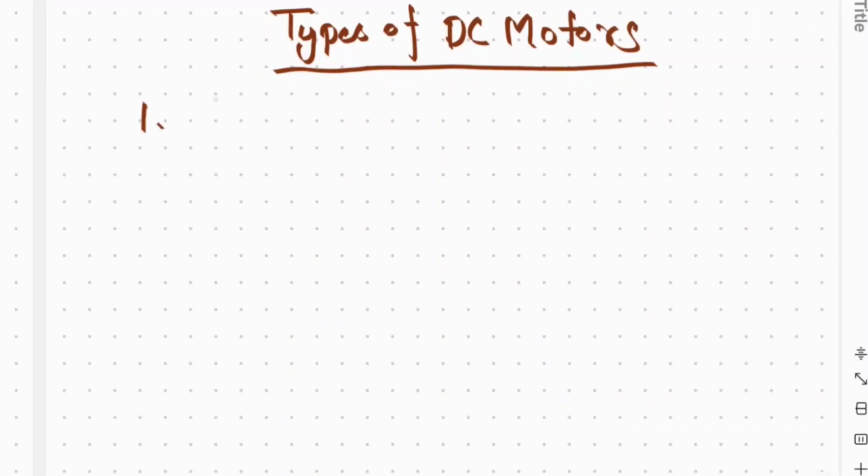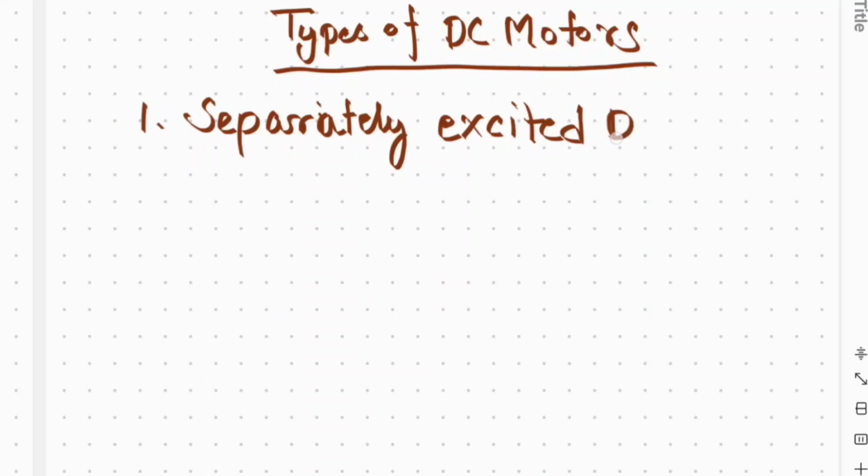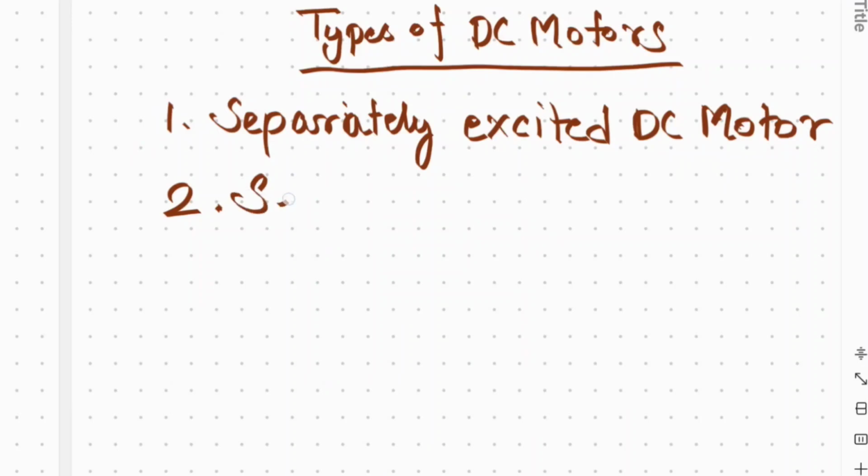First is the separately excited DC motor. Second is the self-excited DC motor.